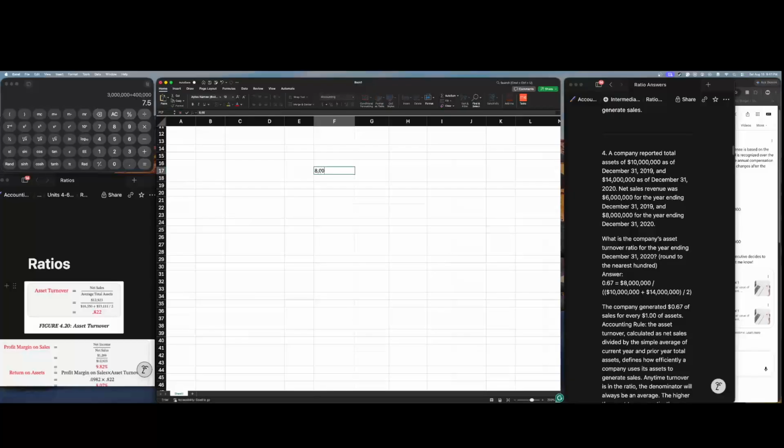So for that particular year, 8 million divided by 14 million divided by 2. So that is 22, 24. So that's 12 million. So 8 divided by 12 is 6.6.